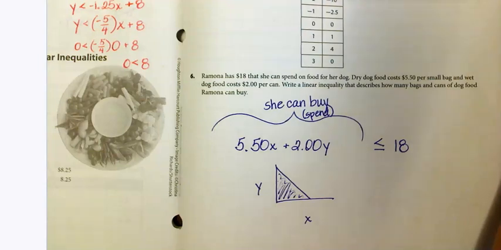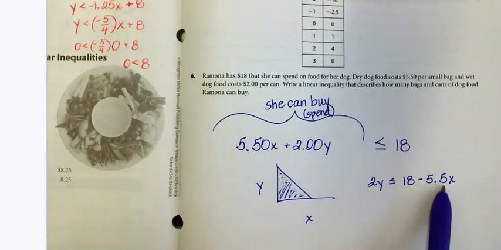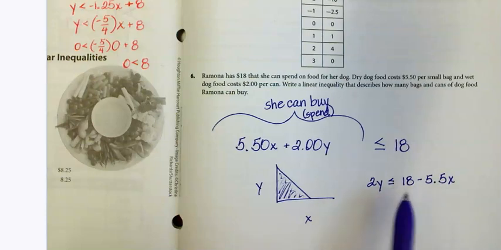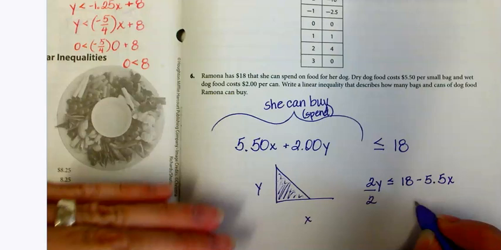But let's go ahead and solve for Y so that we can get this graphed. Okay, so what I did is I moved the 550. I recognize that all of this is money, so really I should have 2 decimal places, but just for simplicity, I made it look a little simpler. And then to get Y, I'm going to divide both sides by 2.